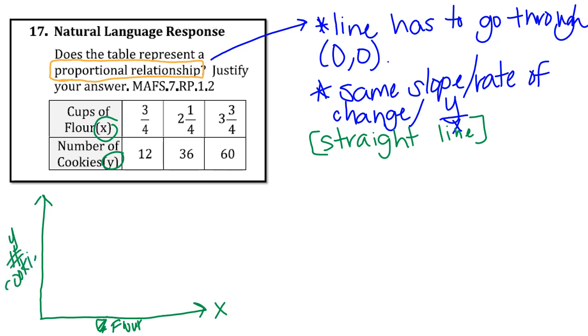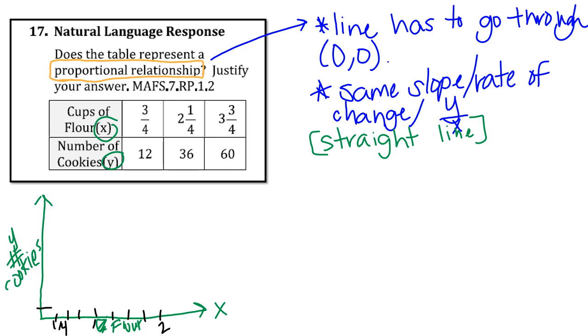And I could say, okay, I'm going to make myself a pretty graph. I'm going to go 1/4, 2/4, 3/4, 4/4, which is a 1. 1/4, 2/4, 3/4, 4/4, which is a 2. I'm just going by fourths here. And I picked fourths because they're all fourths.